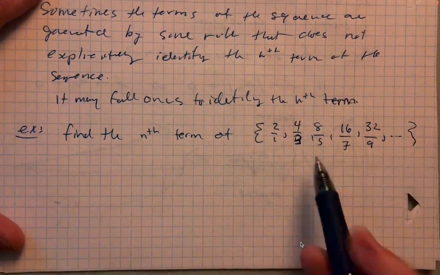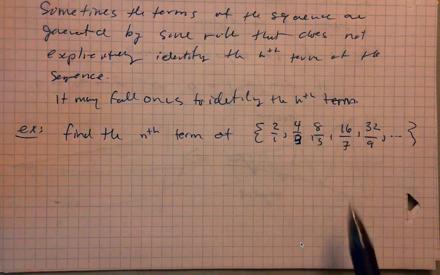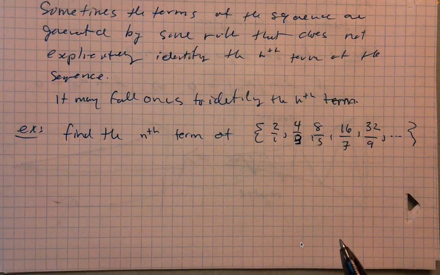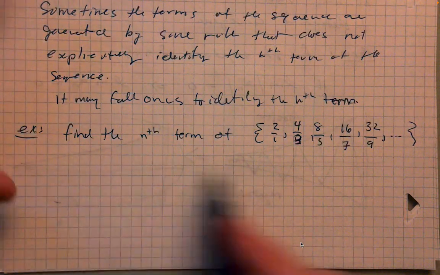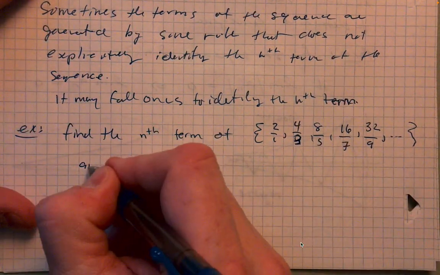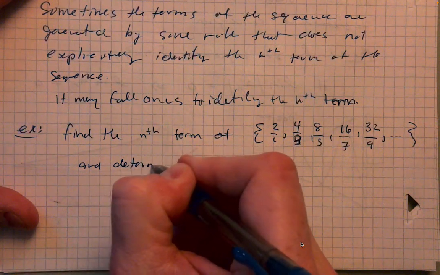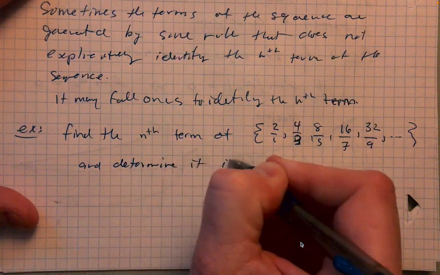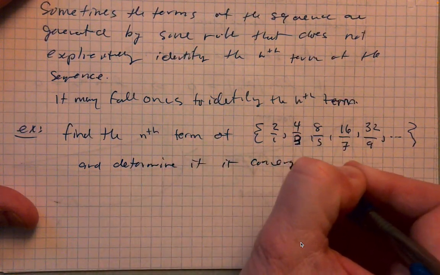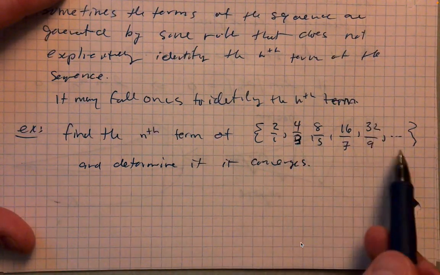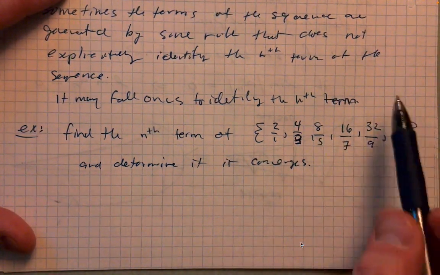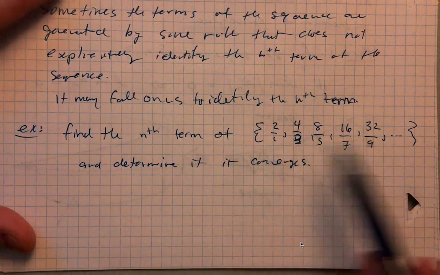So you're just given the first 5 terms and asked to find the nth term. And we'll throw on here, determine if it converges. It might converge, it might not, we don't know. Let's figure out what the nth term is.